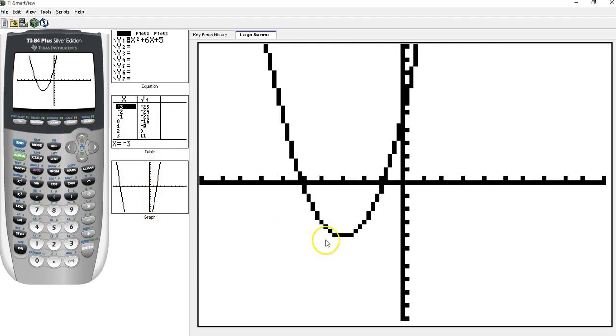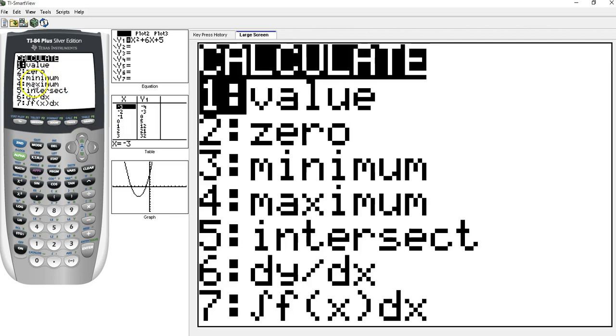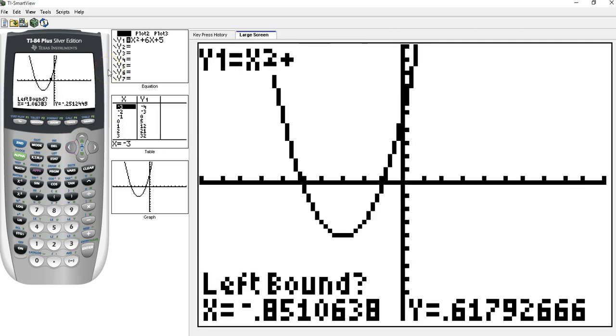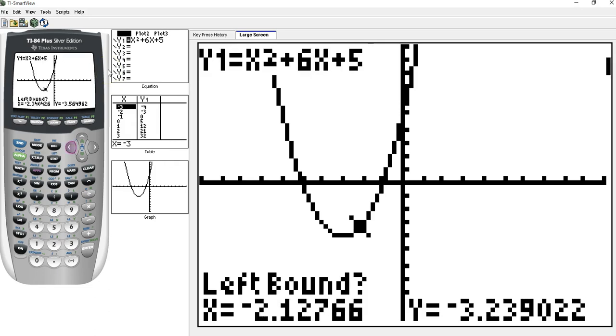Then for that one, the vertex is a minimum point. So then when you calculate, you want to use number 3 for minimum. Make sure you go to the left of that vertex, hit enter, go to the right of that vertex, hit enter.